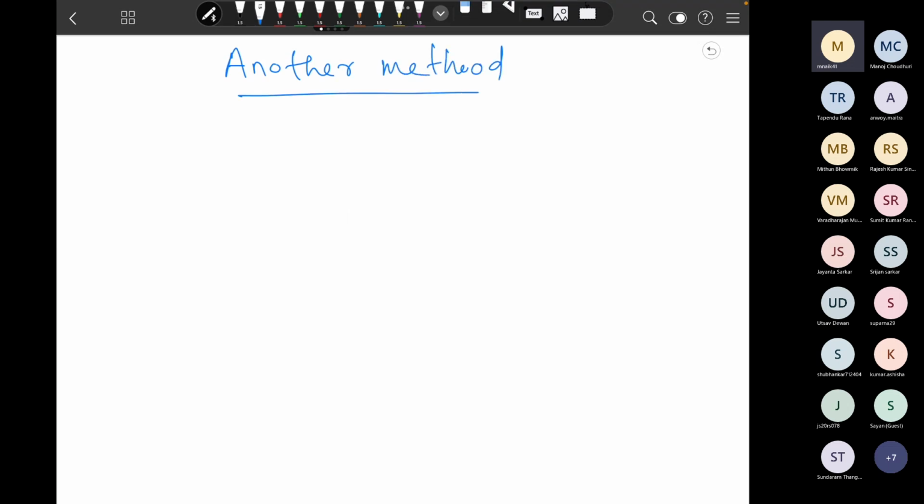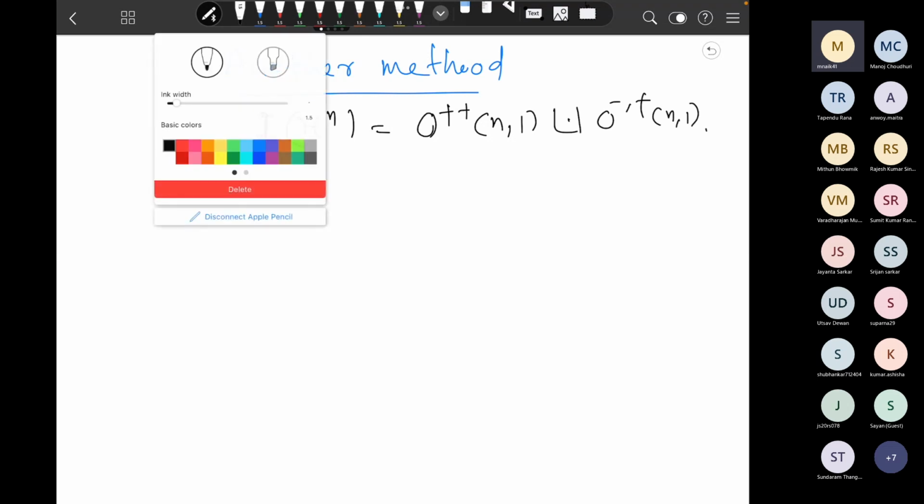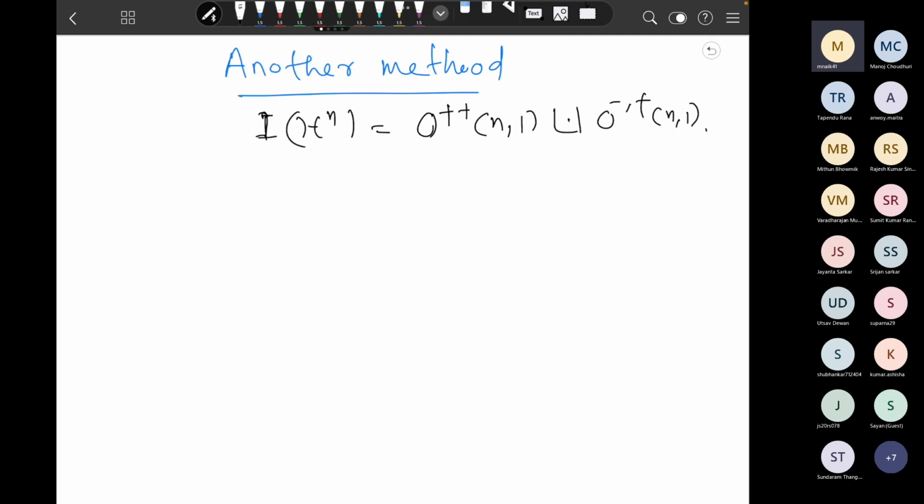And here, as I said, I have to really use the fact that IHN is this O plus (n+1) union O minus. I have to use this. So what I will do: let P belong to Hn.